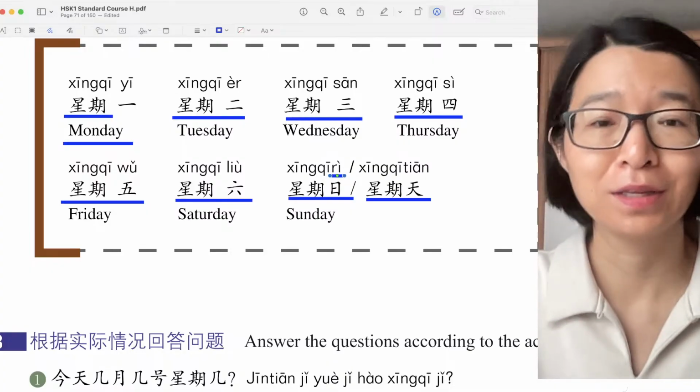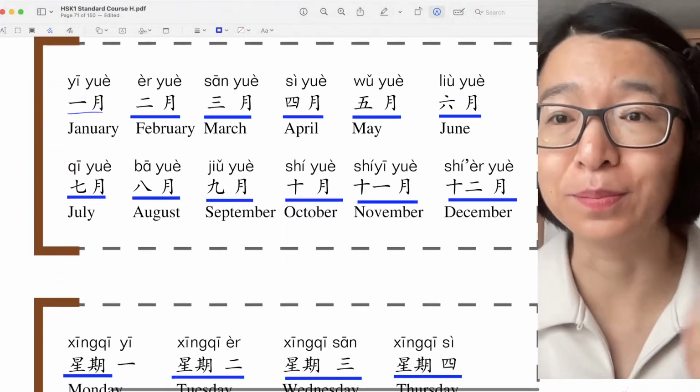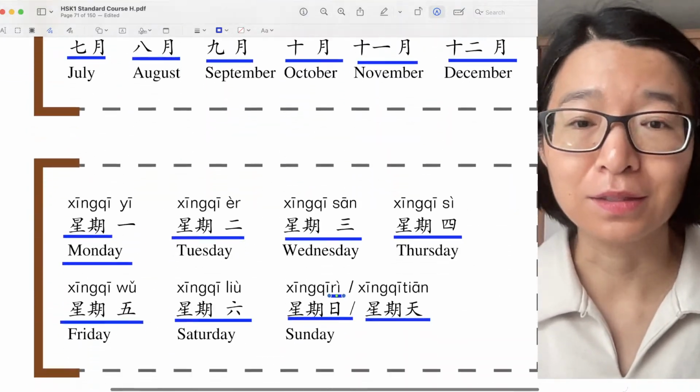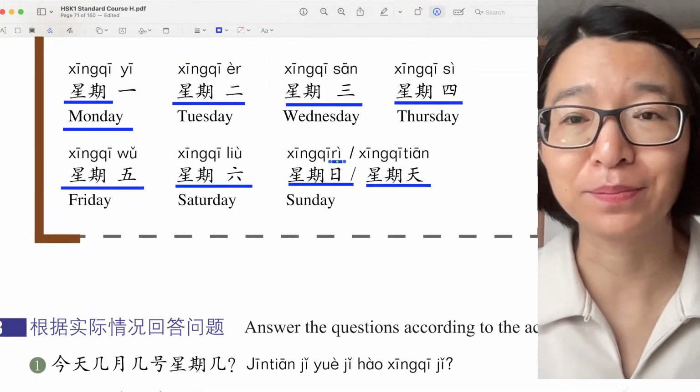Great, 很好. Okay, now you can say 12 months and 7 days in Chinese, which is amazing.